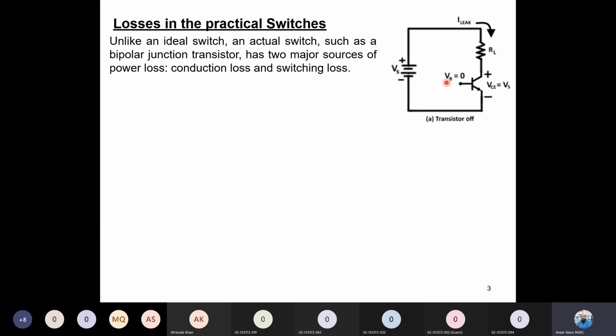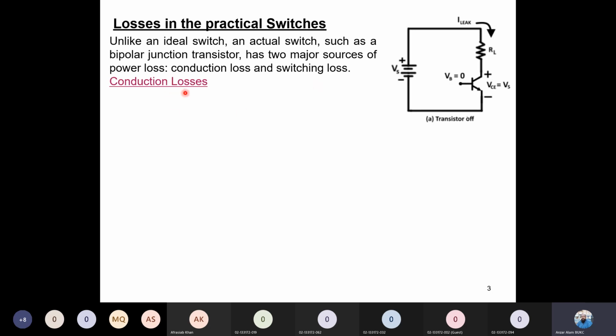In this chapter 1, we have to understand very clearly what the conduction losses and the switching losses are, and how they are important to design an electronics or a small power circuit. So, I was telling you that there are two losses in practical switches: number one is the conduction losses, number two is the switching losses.